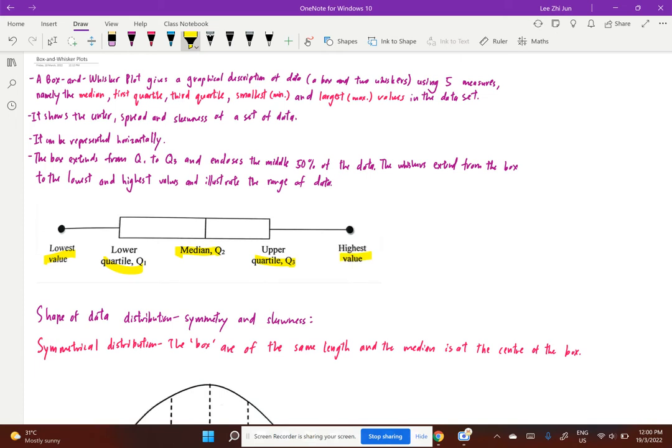So it shows the center, the spread, and the skewness. So it can be presented horizontally. The box extends from Q1 to Q3 and encloses the middle 50% of the data. The whiskers extend from the box to the lowest and highest values and illustrate the range of data. You see? Extend to here.